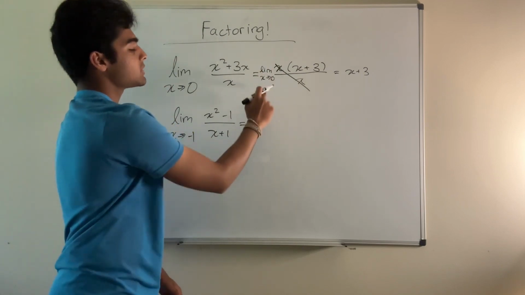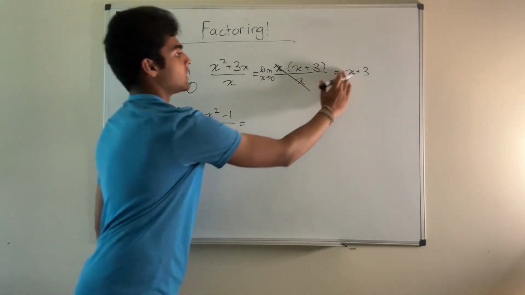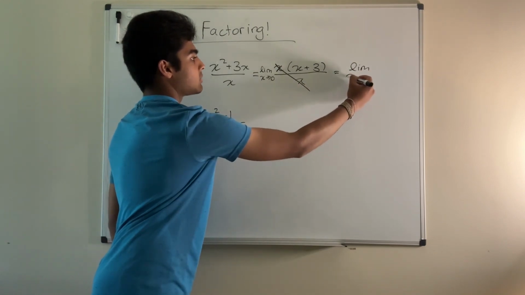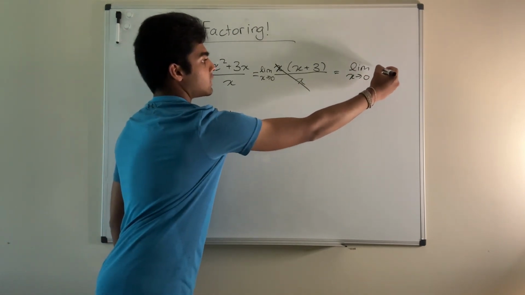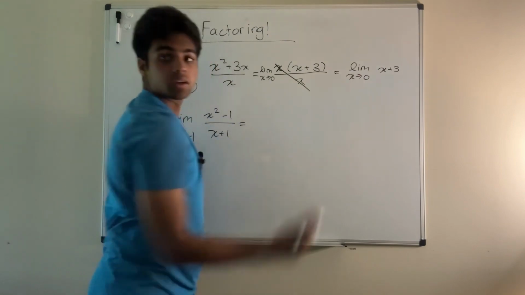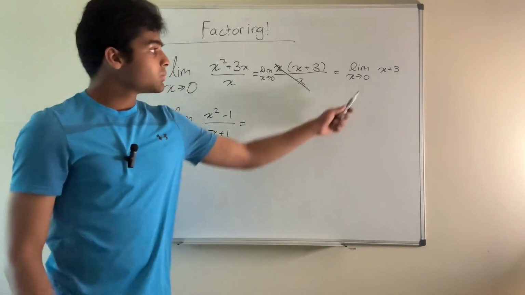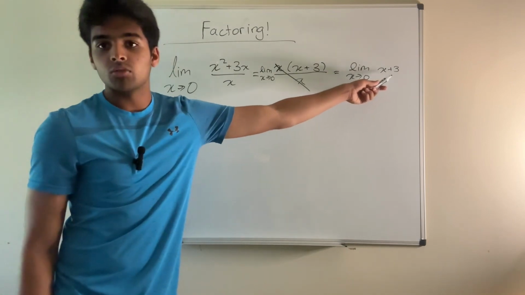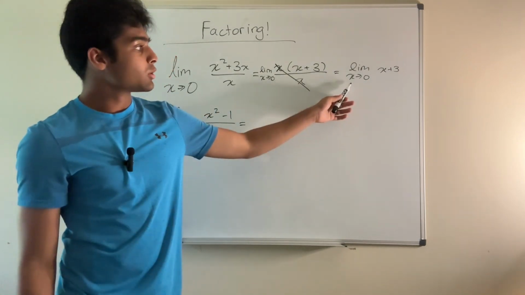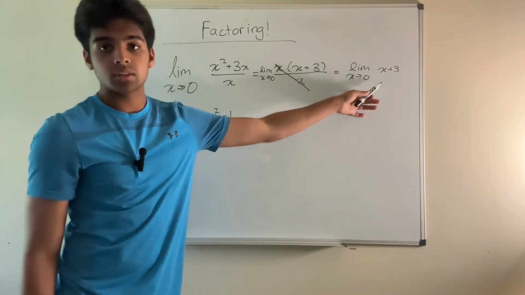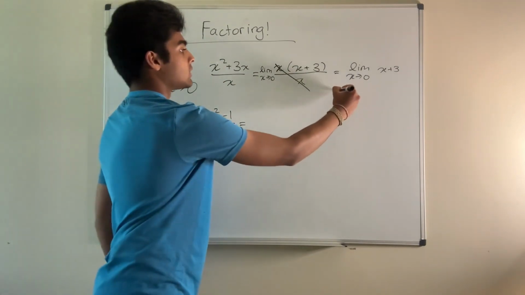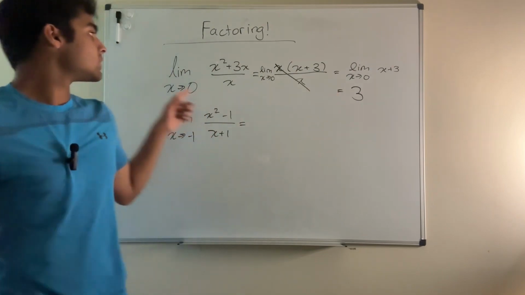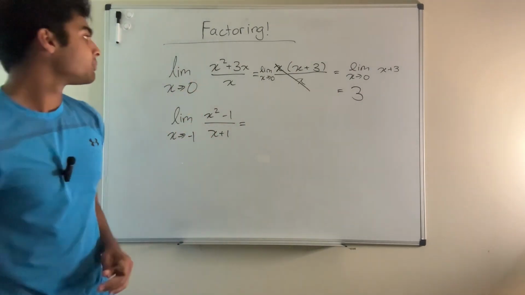So this would be the limit as x approaches 0 of this, and the limit as x approaches 0 of x plus 3. And here we can just direct substitute because this is continuous for all real values of x. So if we plug in 0 into this function, we get 0 plus 3, which is just 3. And that would be our answer for this right here.